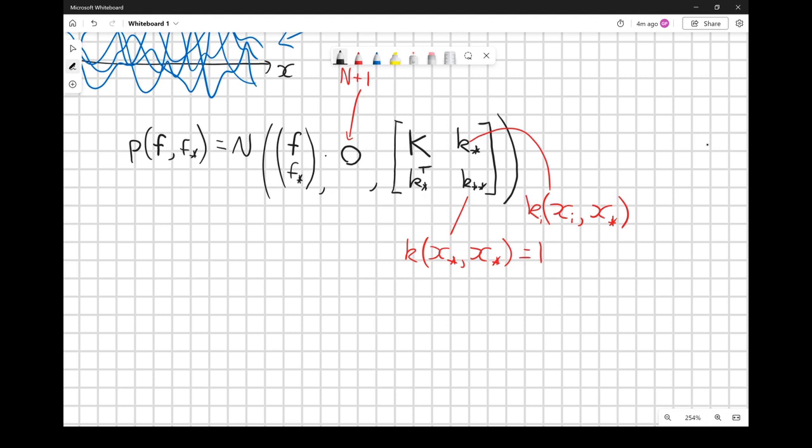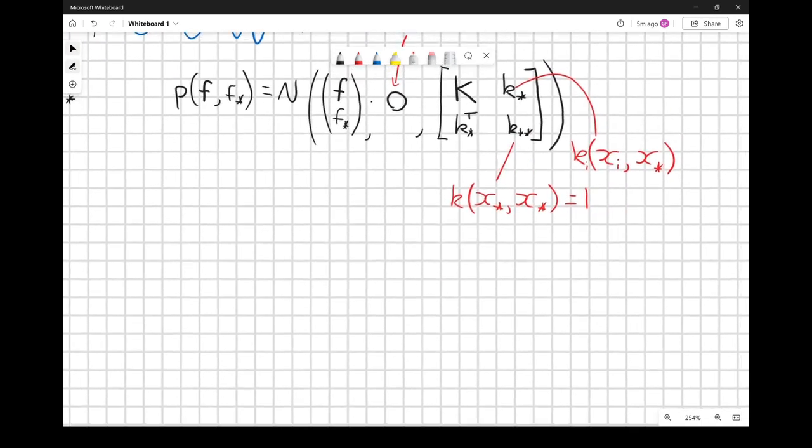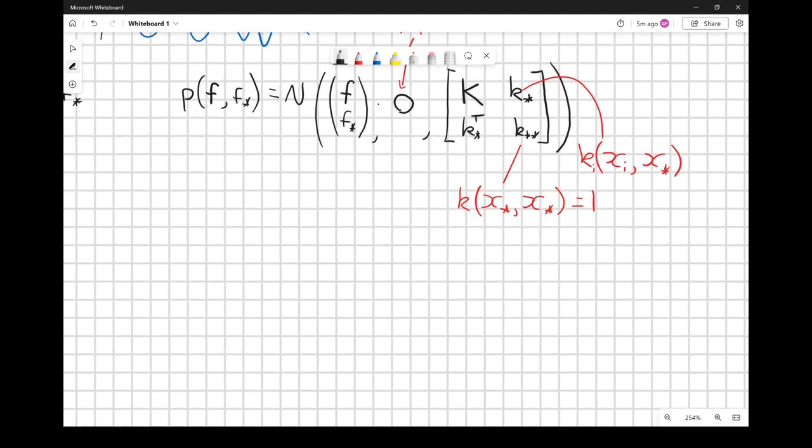Now, a nice thing about Gaussian distributions is that if we have this multivariate Gaussian, then one, all of the conditional distributions from this are Gaussian, and two, we have well-known closed form expressions for what they are. Applying that to this context, we can write the probability of f star given f, and that will also be a Gaussian.